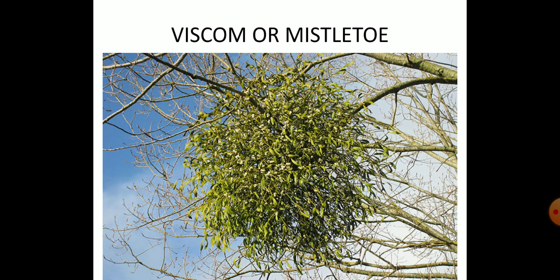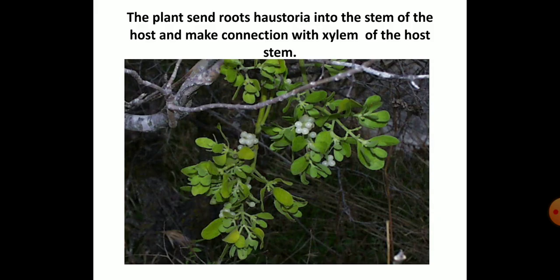The plant sends haustoria into the stem of the host. This makes connection with the xylem of the host stem, and from there it will absorb water and minerals. So these parasitic plants will send their haustorial roots into the stem of the host and will make connection with the xylem of the host, as they depend on the host only for water and minerals.